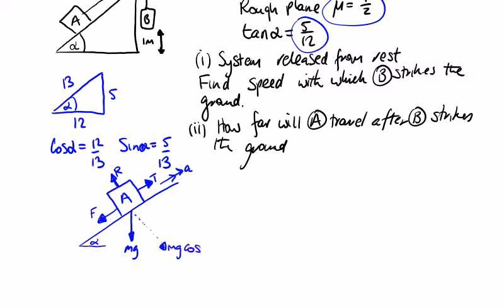Mg cos alpha. Let's write the answer to that. Cos alpha is 12/13, so 12mg over 13, and parallel to the plane we have mg sin alpha, which is 5mg over 13.